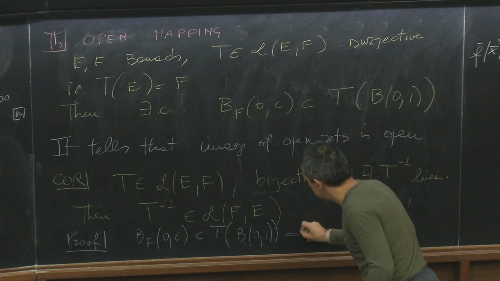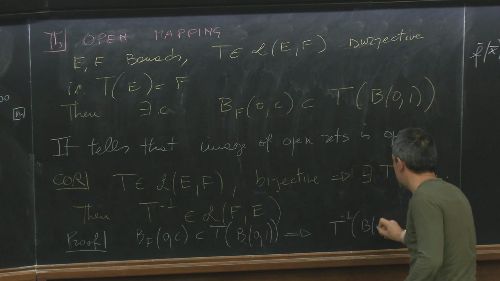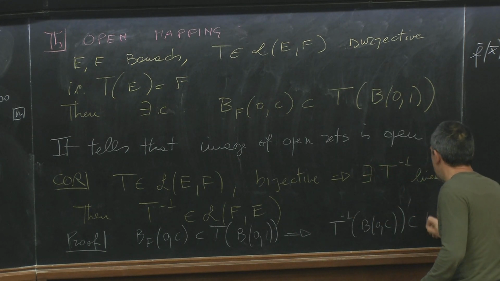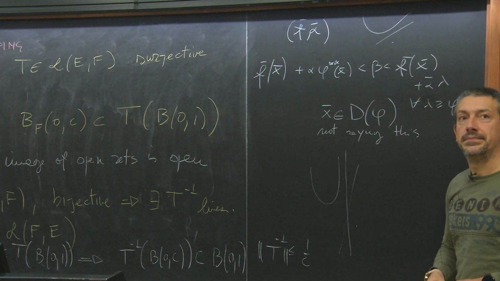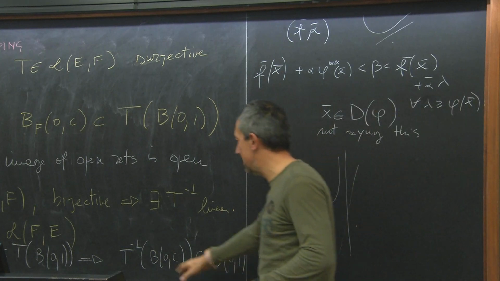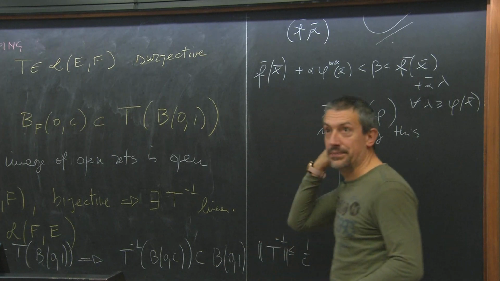This implies that the inverse of the ball of radius C is contained in the ball of radius 1. And so the norm is less or equal than 1 over C. By linearity, I divide by C, so 1, and then I get 1 over C.